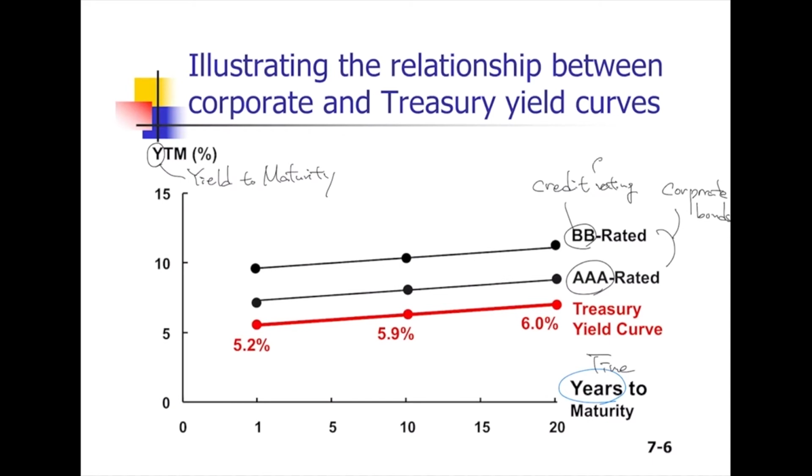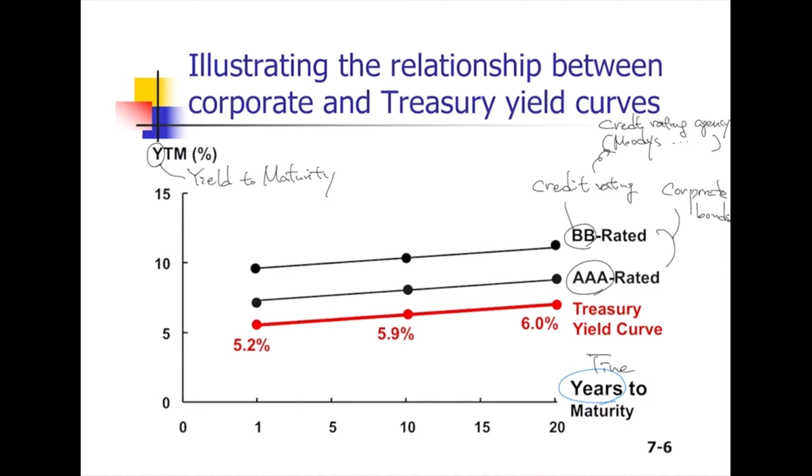For example, Moody's and other companies evaluate the firm's default risk, and then they give each firm's credit rating. We call that the credit rating agency, Moody's and S&P, and other companies.